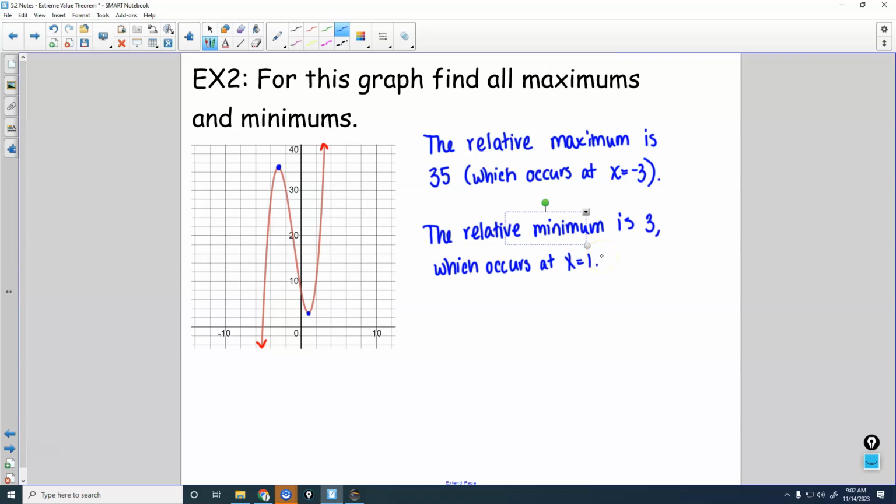So the actual maximum or minimum value is your y coordinate. It occurs at the x coordinate. Unless they specifically ask for the x coordinate, you could get away with just giving the y. What I've got in parentheses there is sort of optional. You wouldn't necessarily have to write that given what is said here.